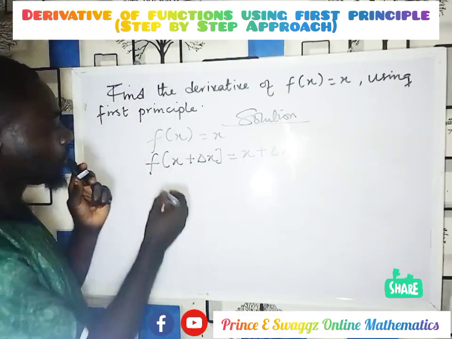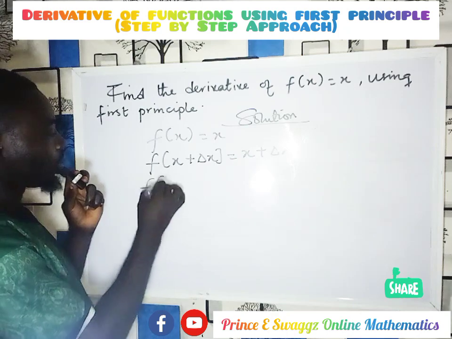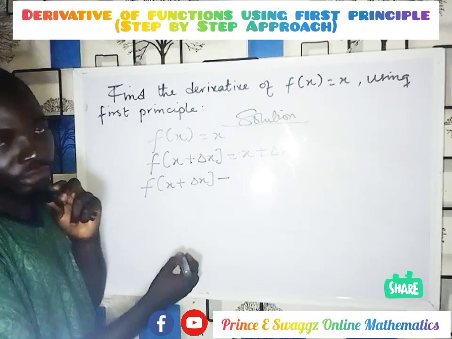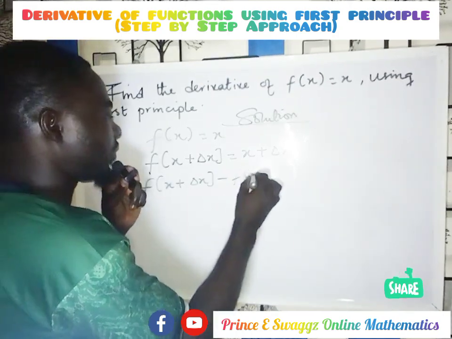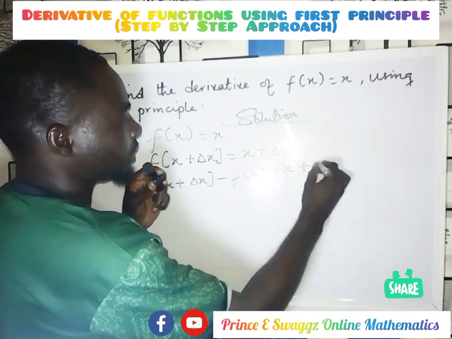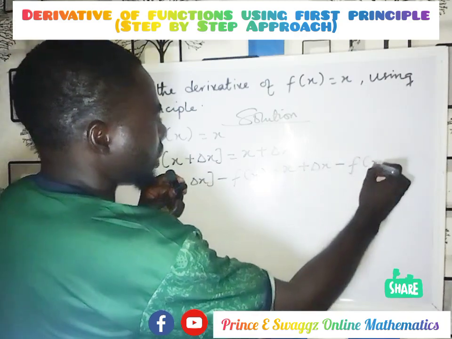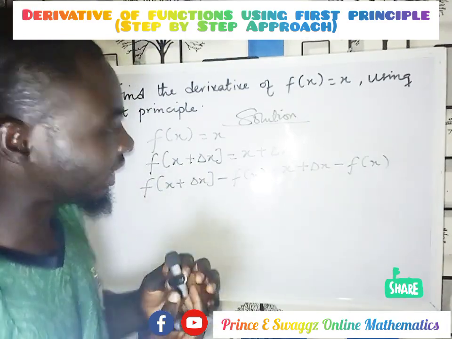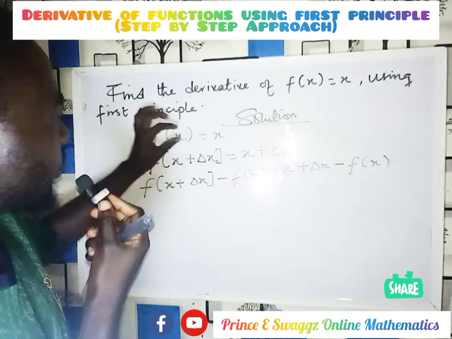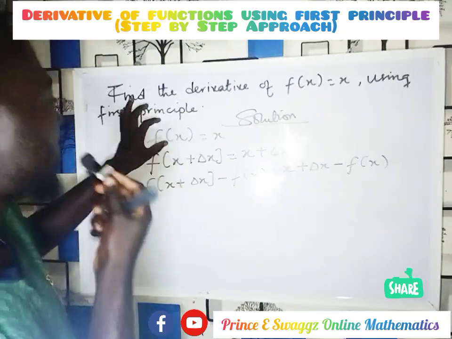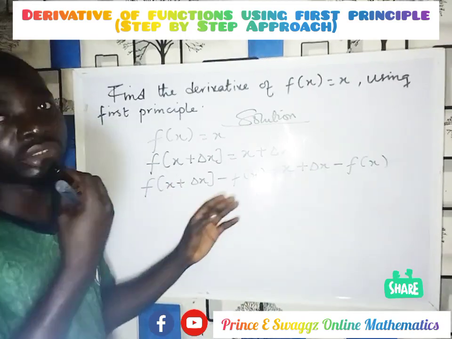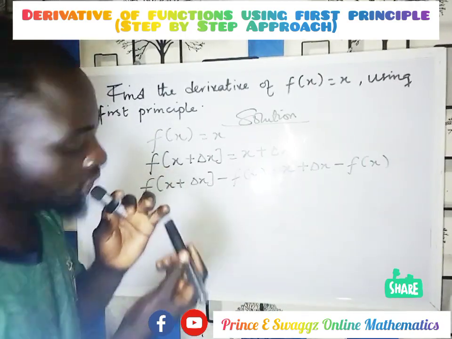So we now have f of x plus delta x minus f of x, and the other side becomes x plus delta x minus f of x. If it is y, subtract y from both sides.